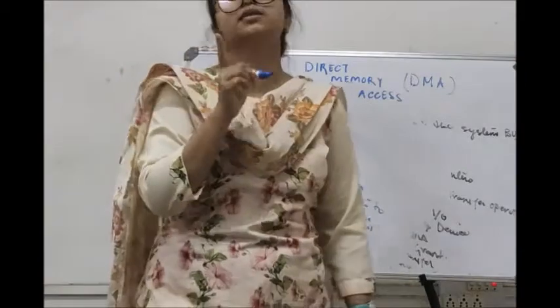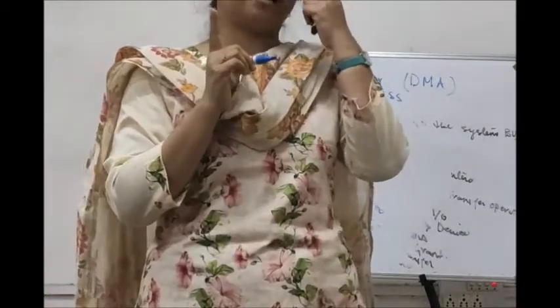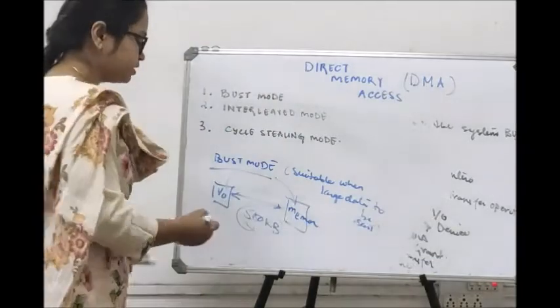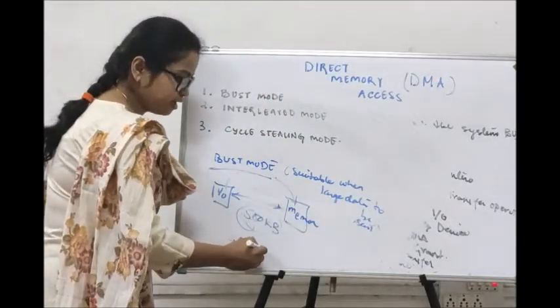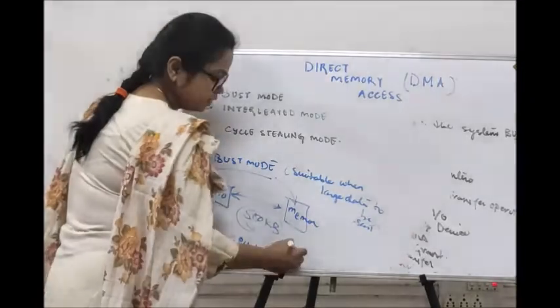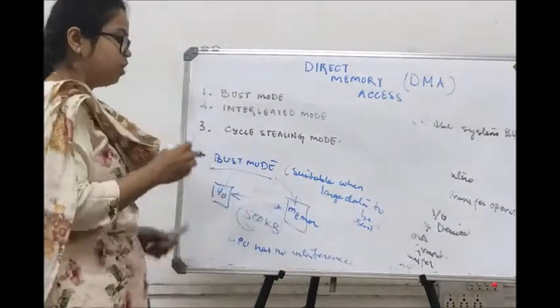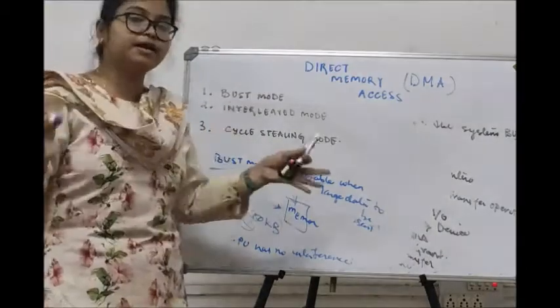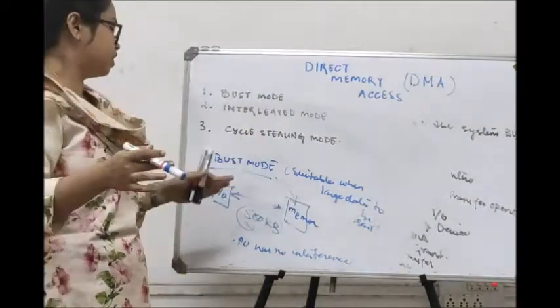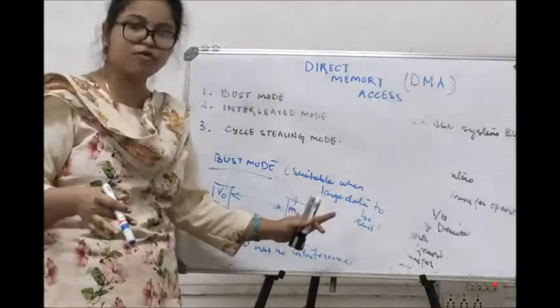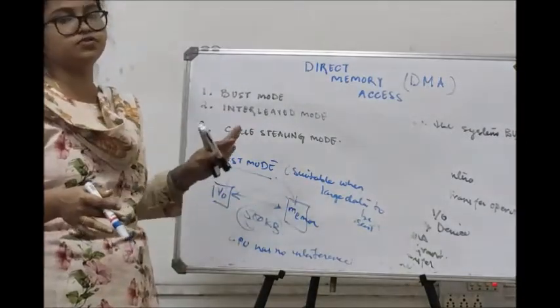CPU will not get the bus back. Within the transfer time, CPU has no power here. There is no interference of CPU. In burst mode, bulk data, large data is transferred from IO to memory, and in the time of transferring, there is no interference of CPU.